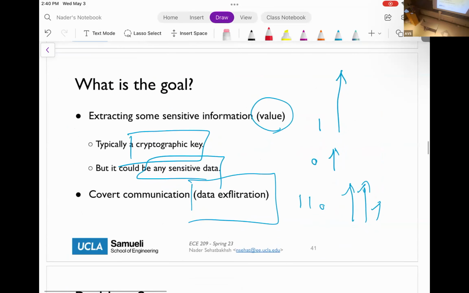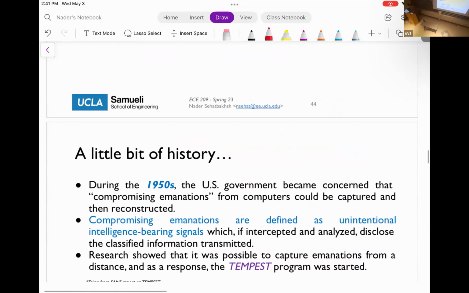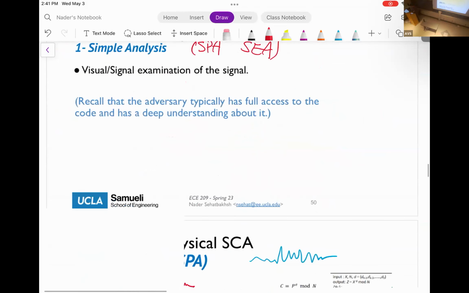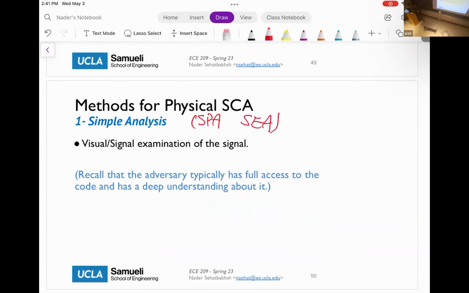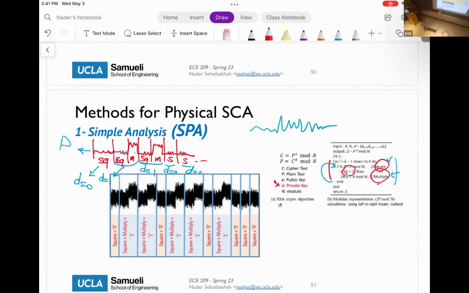So we talked about what the goal is generally in these attacks, either physical or digital. The goal is usually extracting some sensitive value, usually a cryptographic key that we want to find. Then we talked about various types of attacks. We started with what we call simple analysis, which was essentially a visual analysis of the code. I gave you some examples. For example, early and insecure versions of RSA are vulnerable to SPA, simple power analysis.